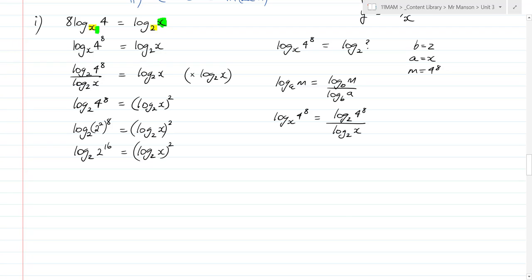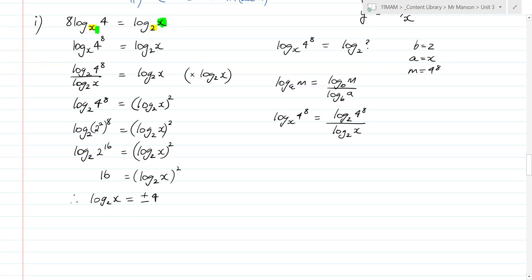And of course 2 to the power of and log base 2 are inverses, or I can bring the 16 out of the front and recognise that log base 2 of 2 is 1. Whatever you do, I get 16 equals log base 2 of x squared, oops, that's squared, my apologies, so log base 2 of x is equal to plus or minus 4.